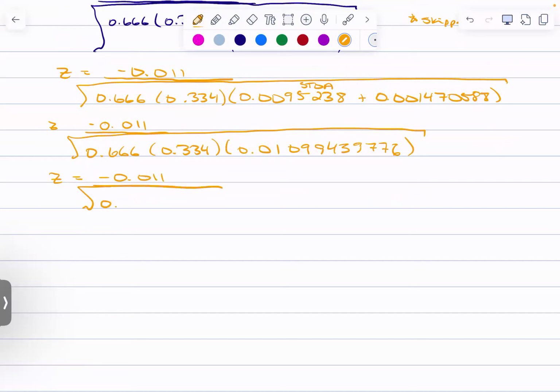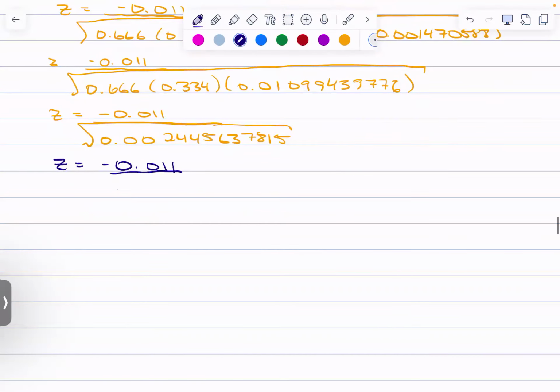Square root of 0.0024456378815. Now, back to what I need to see, this square root: 0.04945339033. Notice that that's very similar to what we found in the confidence interval, but not exactly the same, right?